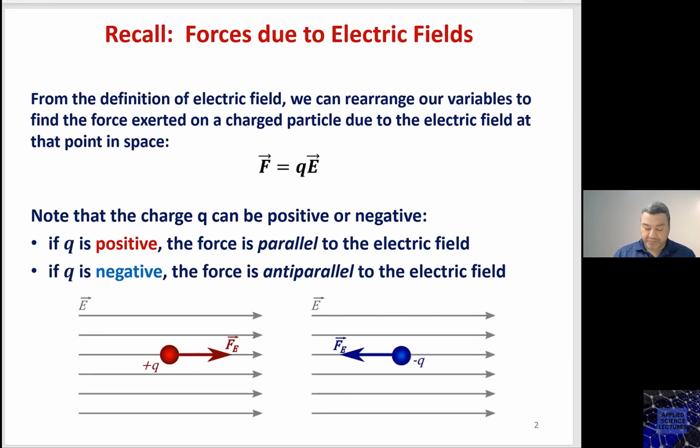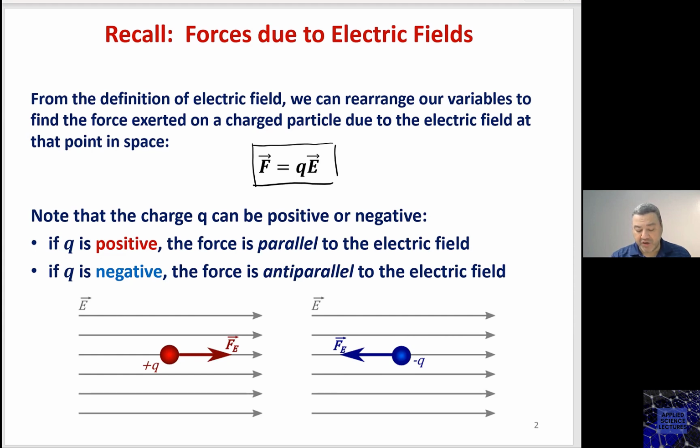So we have seen earlier that we can calculate the electric force exerted on a charge that exists in an electric field using this expression, F as a vector equals QE. Looking at the charge here, I can conclude that the sign of this charge will decide the direction of the electric force.